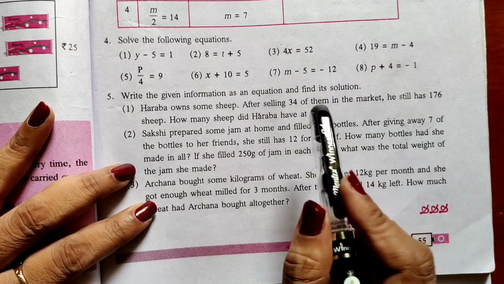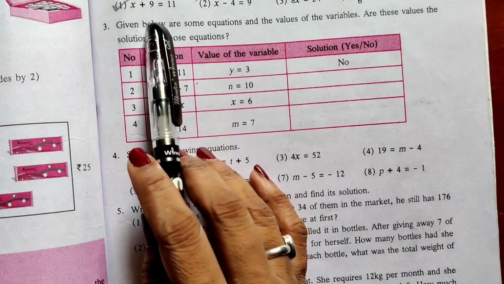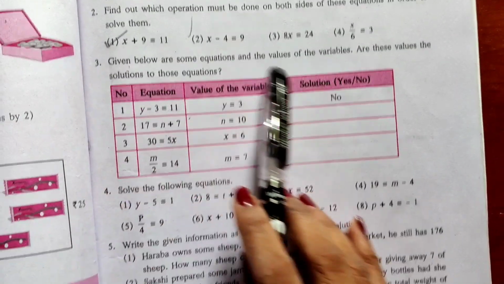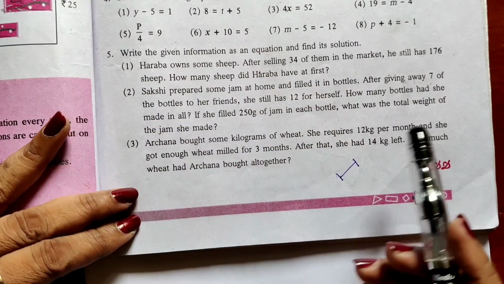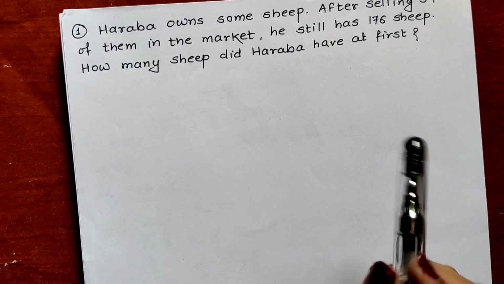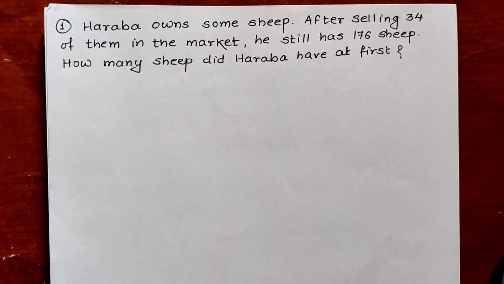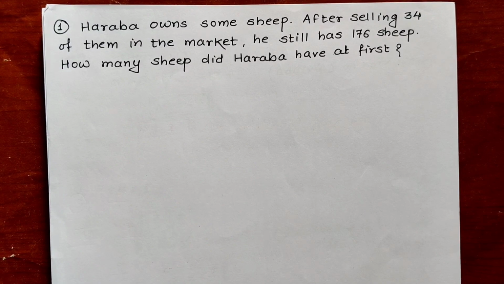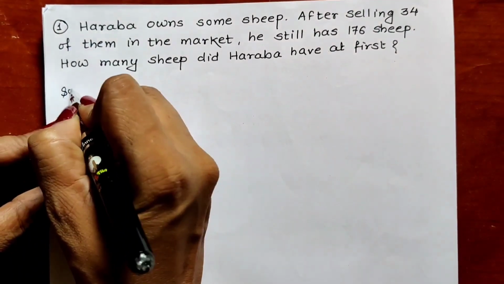You all know we have done it in question number 4, we have done it in question number 2 also. So the same method we will be applying, but before that we should know how to form the equation from given information. So the first question I have written as it is on my page, as you all can see here, and now we have to start writing its solution.